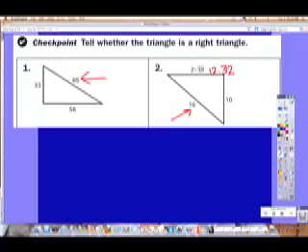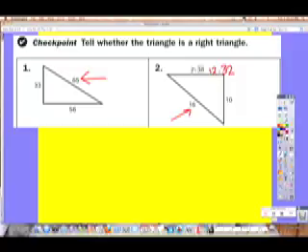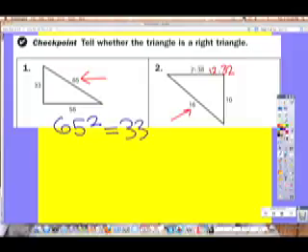Okay, so 65 is the hypotenuse, and so I'm just going to do 65 squared equals 33 squared plus 56 squared.